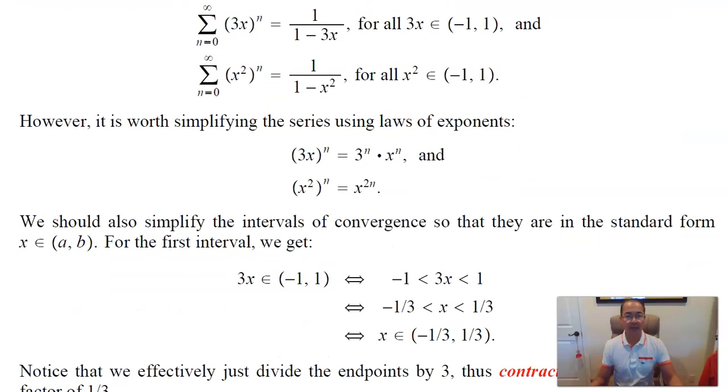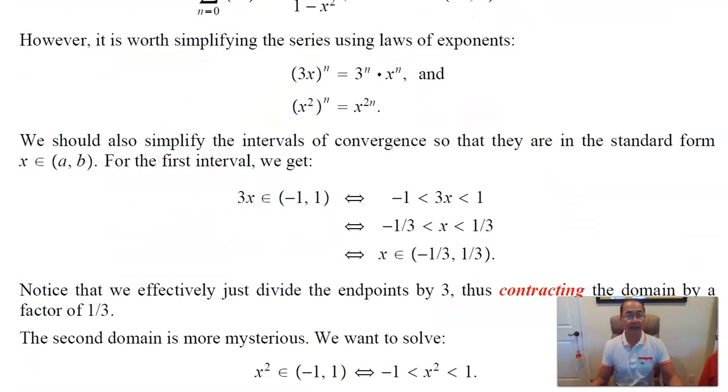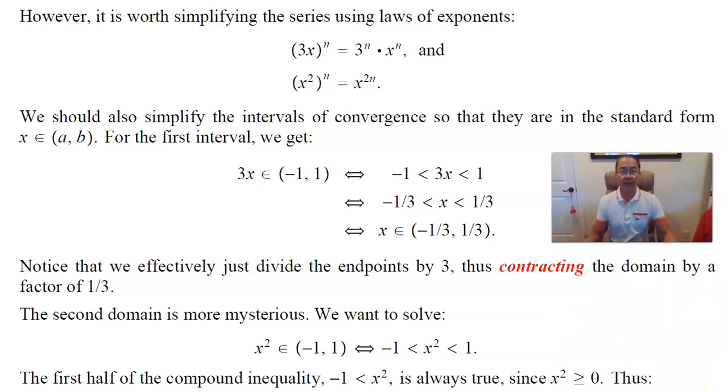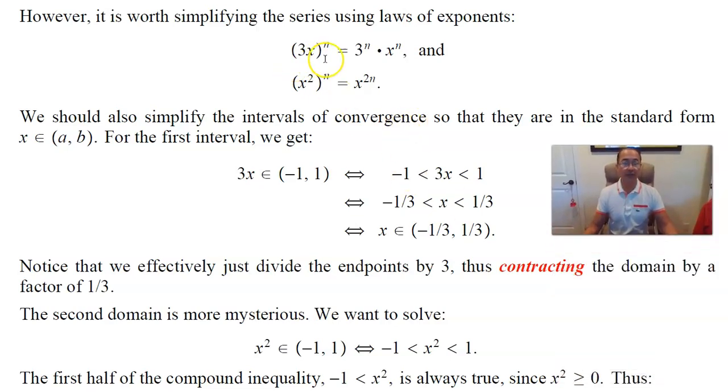So there is what I was saying, and let's stop over here. So we have (3x) to the power n, that's 3 to the n times x to the n. (x squared) to the n is x to the 2 times n. So this first domain is easier to simplify.